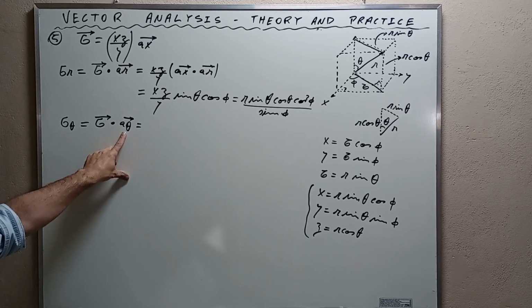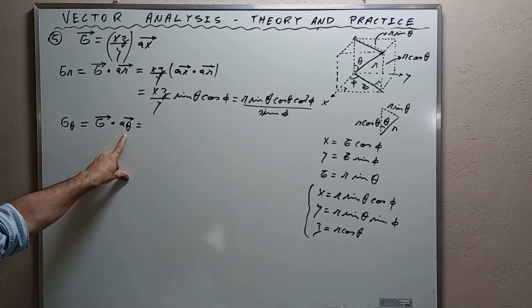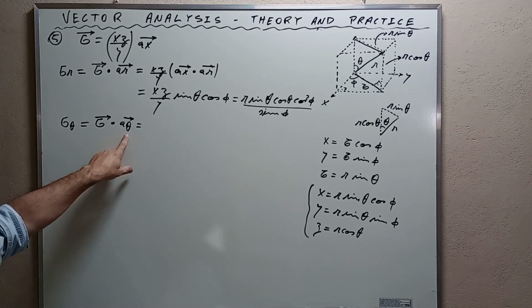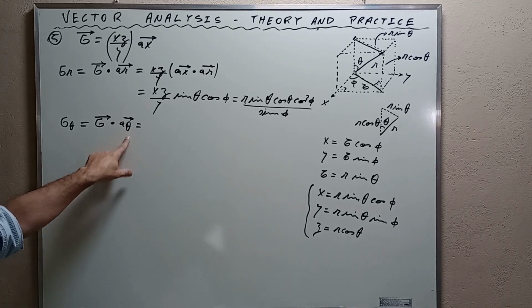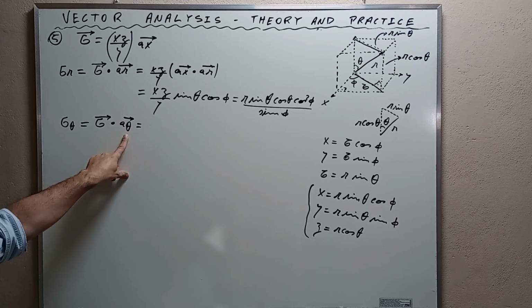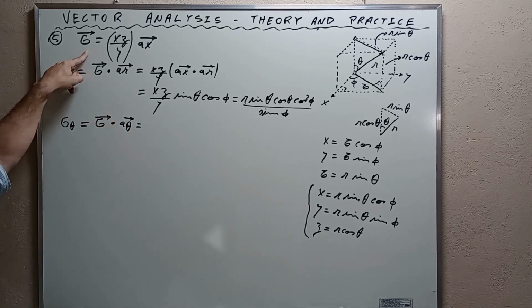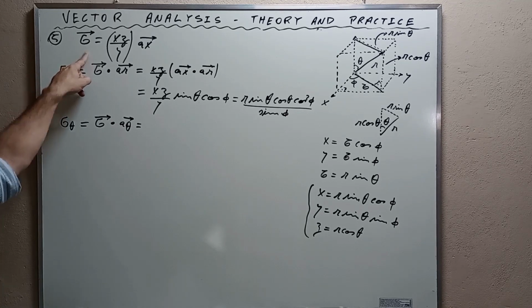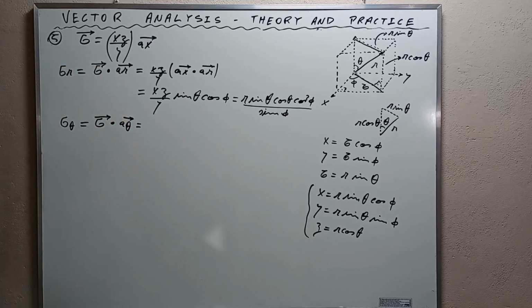But observe here that I am multiplying by a unit vector. What does it mean? It means that I'm not altering the magnitude. We are taking into consideration the angle between them, but I am not altering the vector because I am multiplying it by 1. The magnitude of a unit vector is 1.